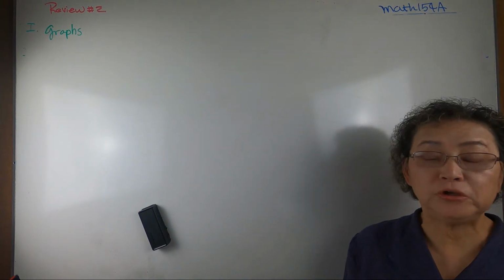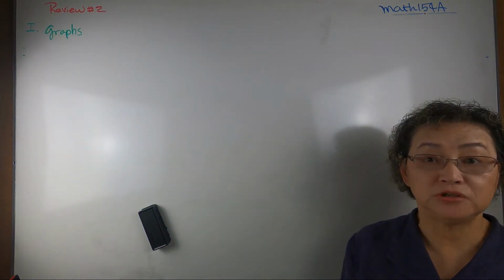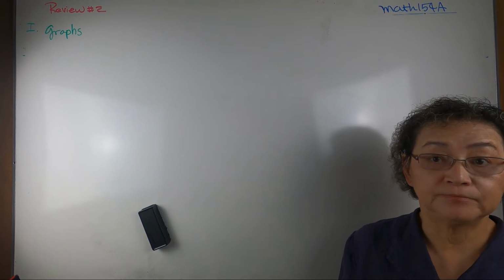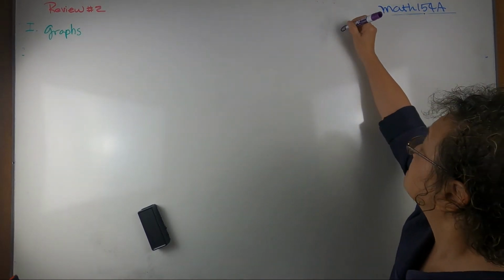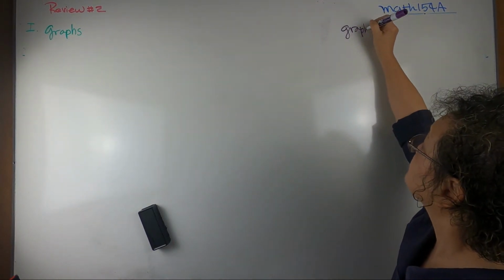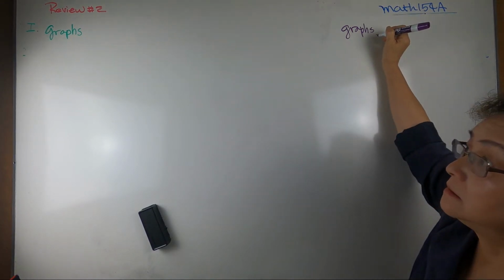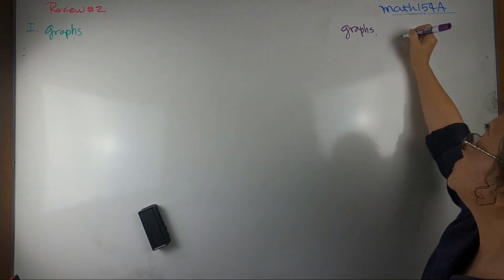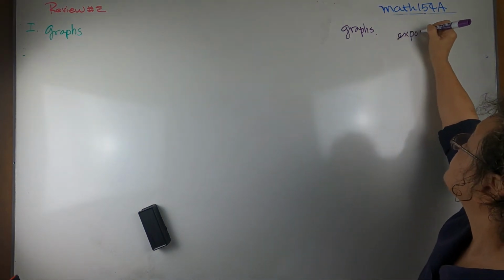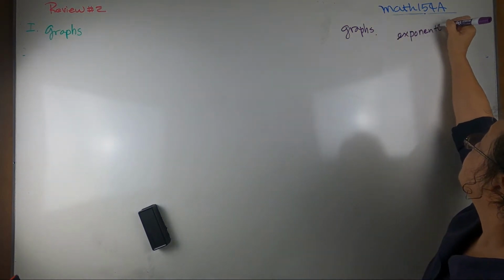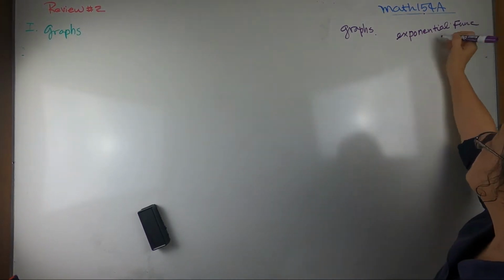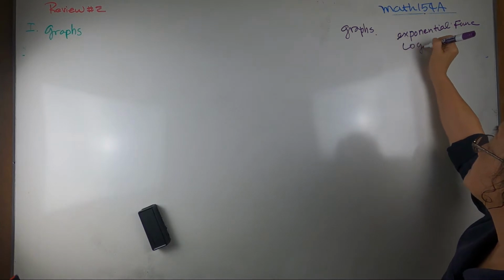Let's do the review for your exam 2, right? For chapter 10, what have we been learning? We learned the graphs, right? For two things: one is exponential functions, and another one is log functions.